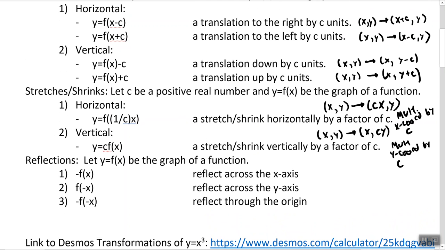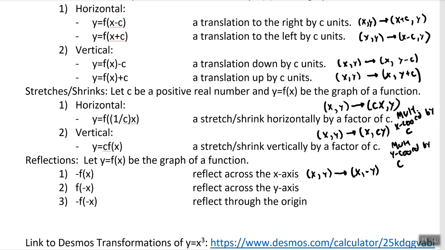Now, the last type of thing we have is our reflections. And really, I have 3 listed here, but you really need to only know 2. The reflection across the x-axis, which is when you have a negative out in front of your function. So you're going to take a point (x, y), and since it's reflected over the x-axis, it's going to move to (x, -y).